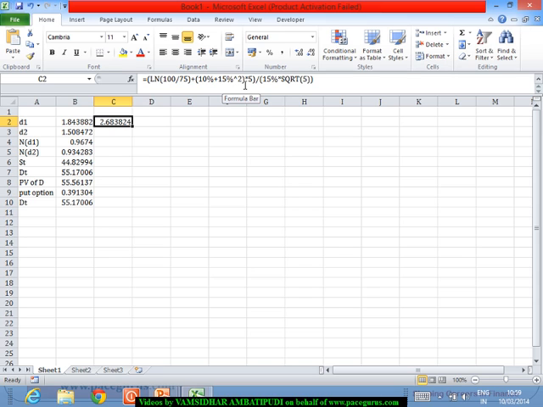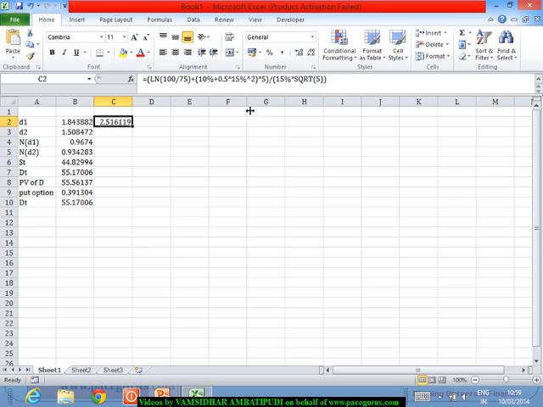Probably let me take this as log of the value of the firm divided by the value of the debt, plus mu plus sigma squared by 2 into t, divided by sigma root t.